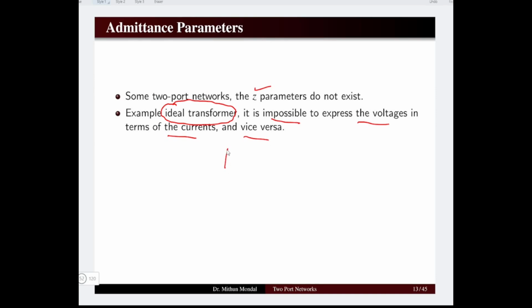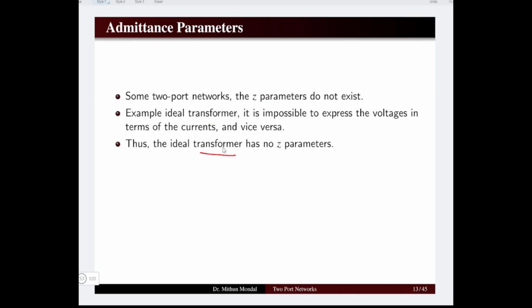In a two-port network we have the terminal quantities as the voltages and the currents, and the voltages have to be dependent on the currents and the currents have to be dependent on the voltages. Then only is it possible to obtain the Z parameters. But for an example such as an ideal transformer, Z parameters do not exist. So an ideal transformer will not have any Z parameters.